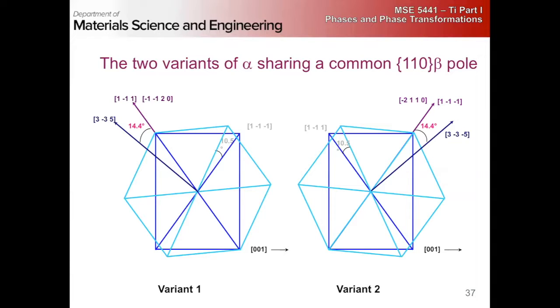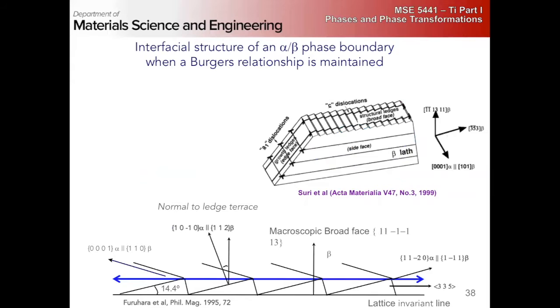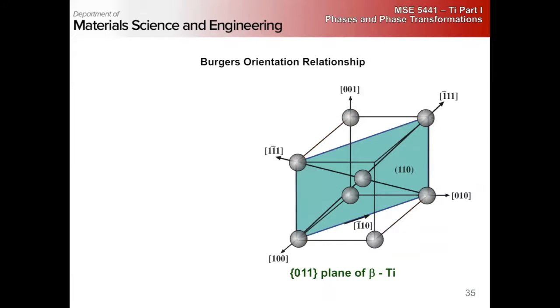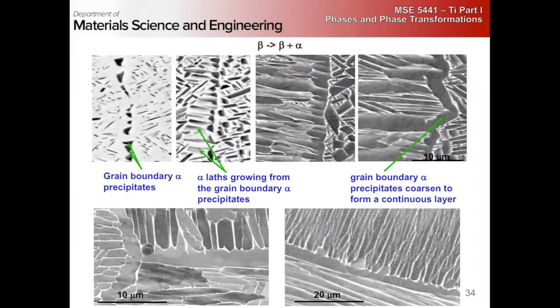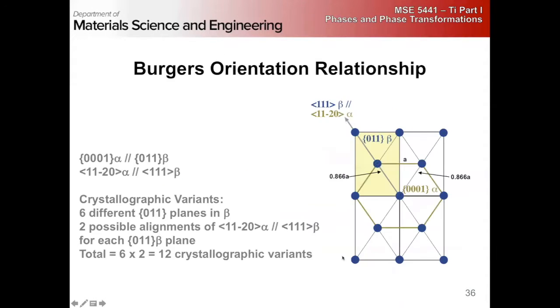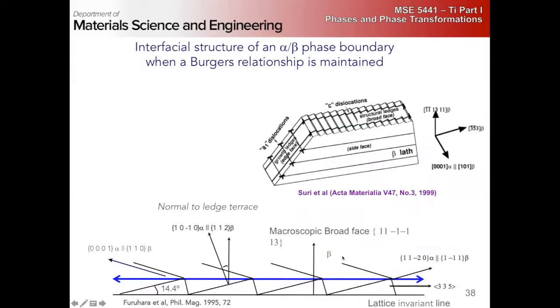the 110, and that these laths that we see here are not perfectly straight, right? But we can grow by this same kind of ledge terrace type interface where this is our Burgers orientation relationship.